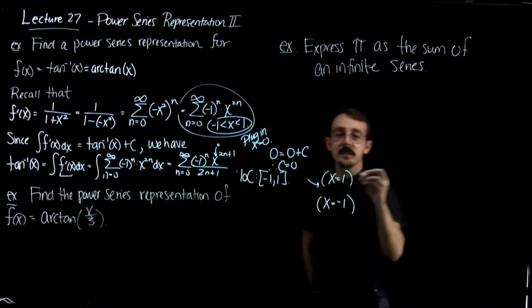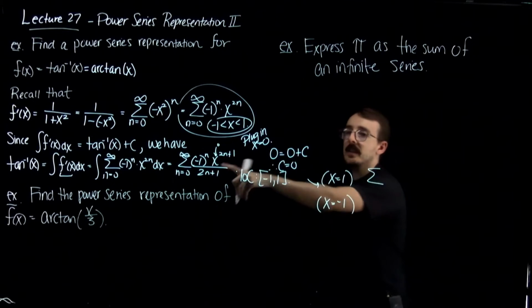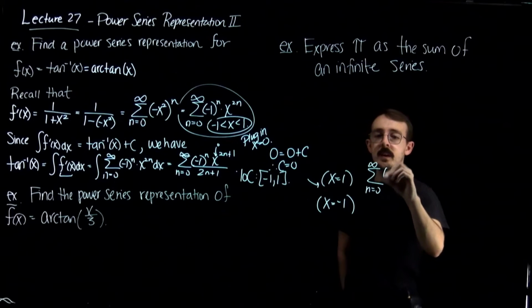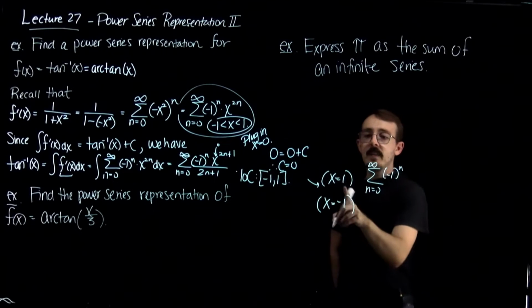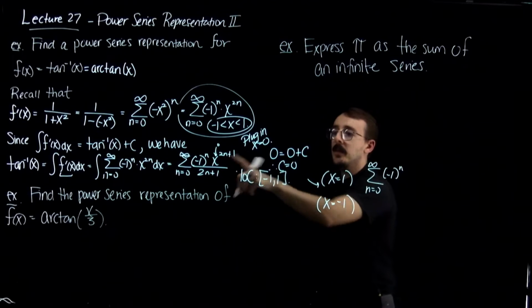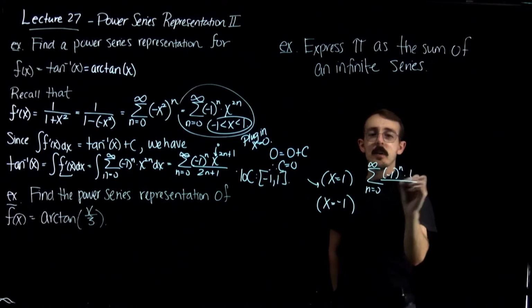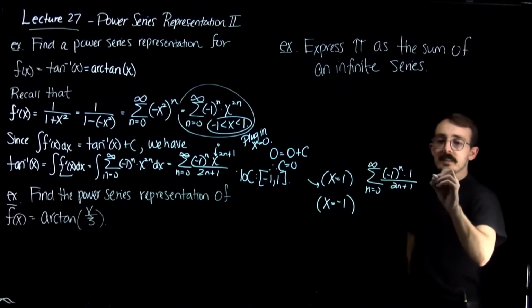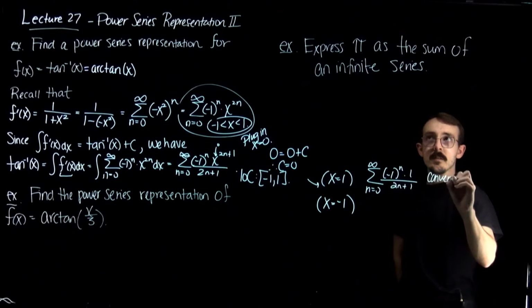If you plug in 1 into this series, this is the summation n equals 0 to infinity of negative 1 to the n, and then 1 to any power is 1, over 2n plus 1. This is a convergent alternating series.